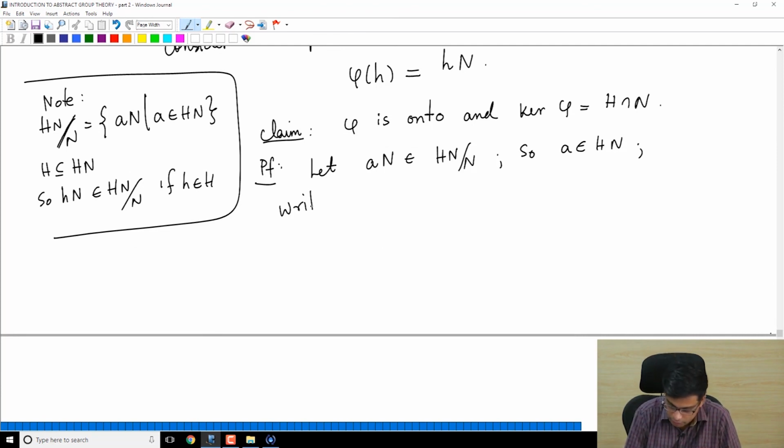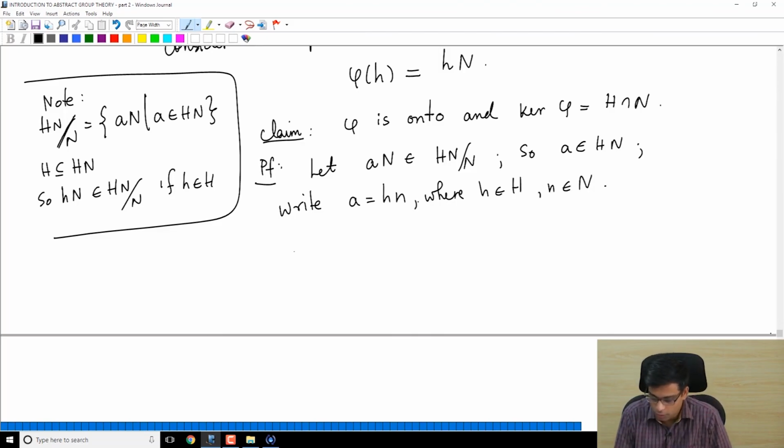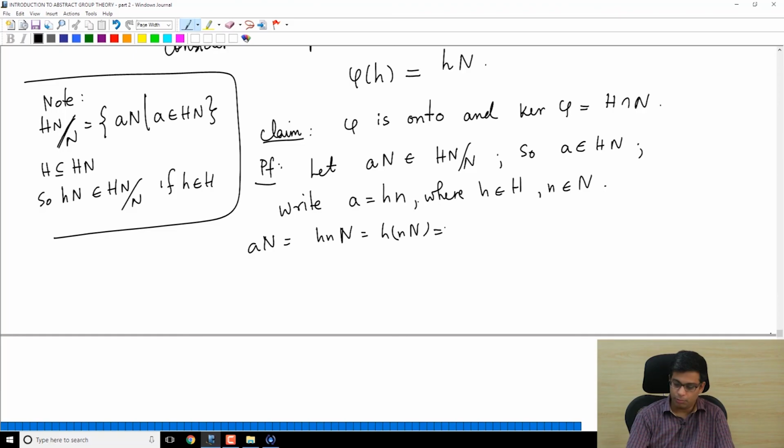So write a as small h times small n, where of course small h is in capital H, small n is in capital N. Now let's look at what is aN. aN is hnN. But what is nN? Because n is in capital N, nN is just N. So aN is equal to small h times capital N.